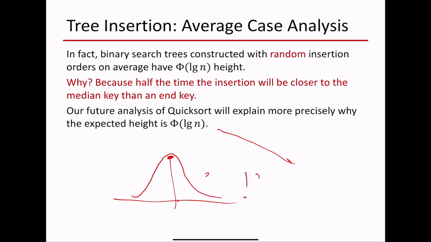So rather than 1, 2, 3, 4, 5 in sequence, the values come in randomly, and they are more close to a median value. Therefore, it is somehow a balanced tree.